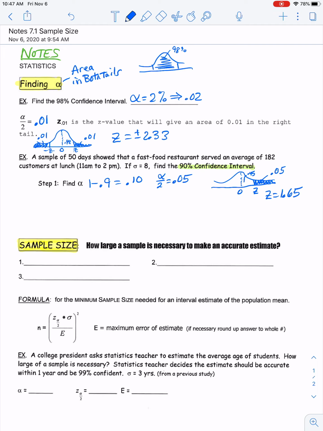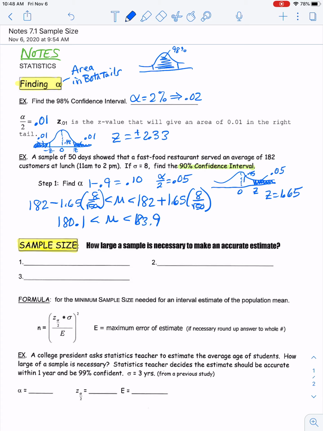So then from there, we can do our confidence interval. We'll start with 182 minus 1.65 times 8 over the square root of 50, is less than the mean, is less than 182, same sentence but a plus sign, 1.65 times 8 over the square root of 50. So here we end up with 180.1 less than the mean, less than 183.9.